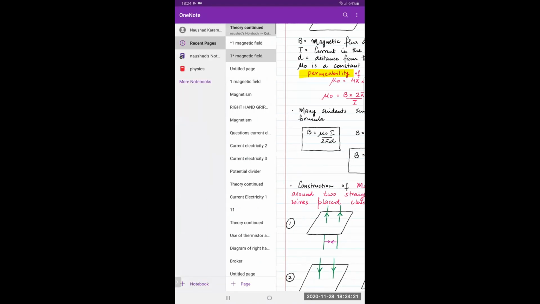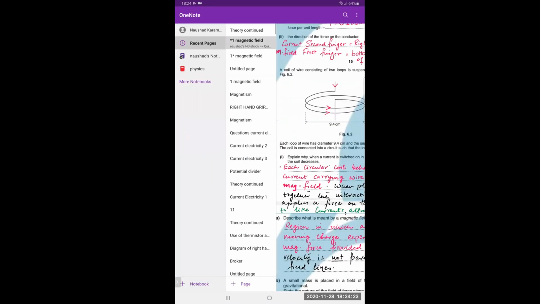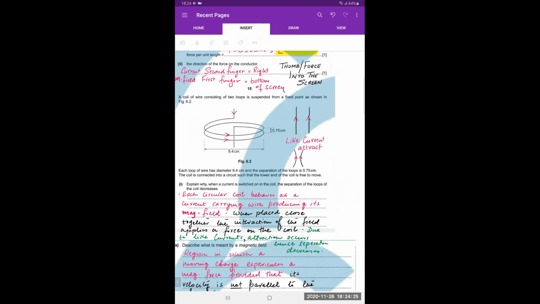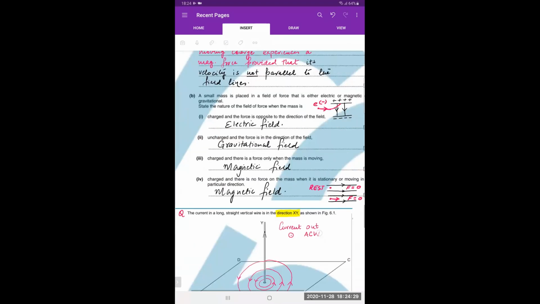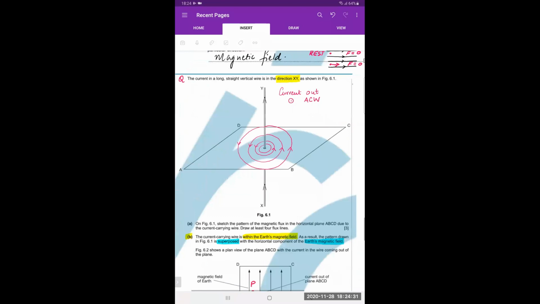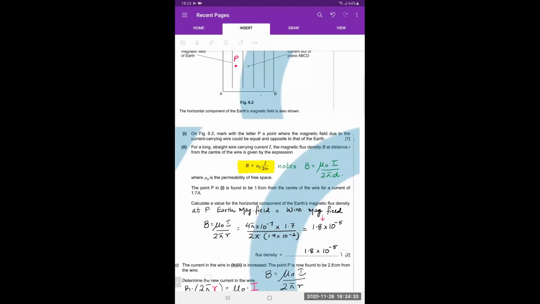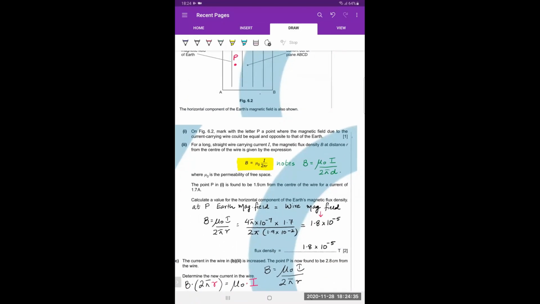Anyways, the question says that the point P is found to be 1.9 centimeters from the center of the wire when the current was 1.7 amperes.